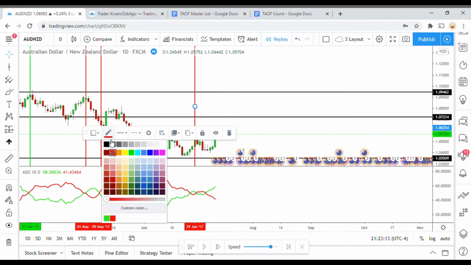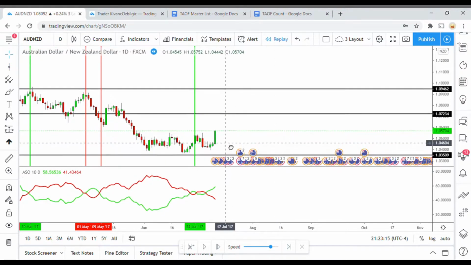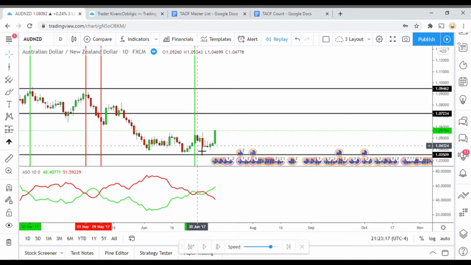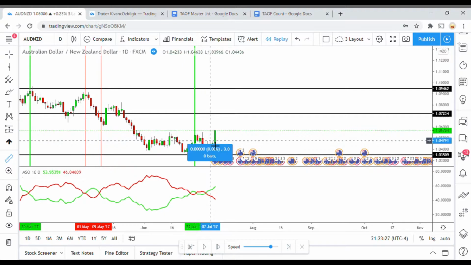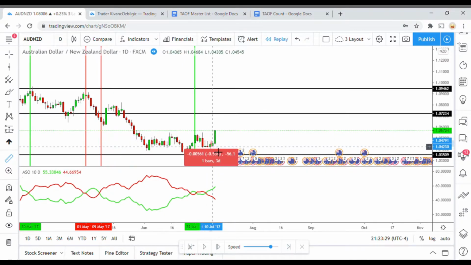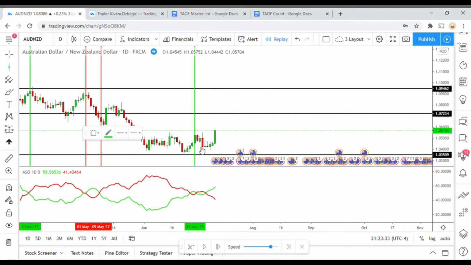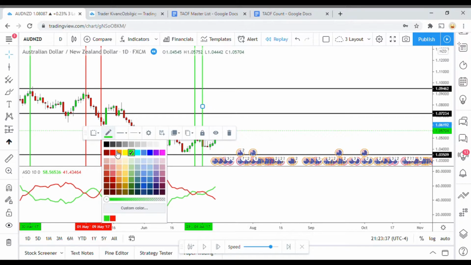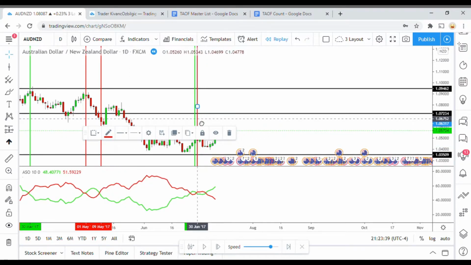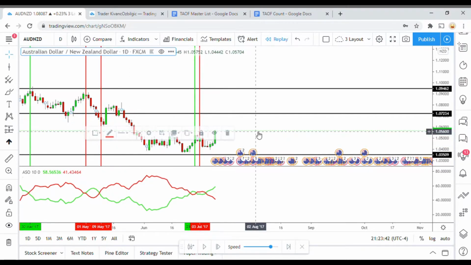So we picked up a buy signal here. That got us to a take profit. Barely, but it did. And then this one here, let's see if it got us. Nope, it barely missed that one.